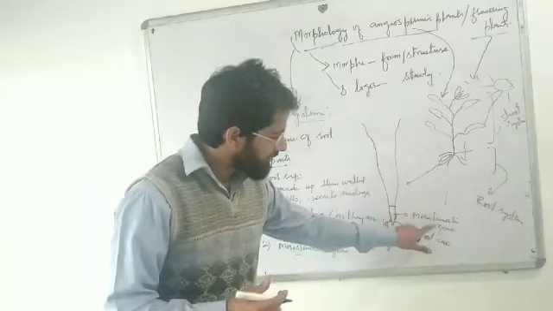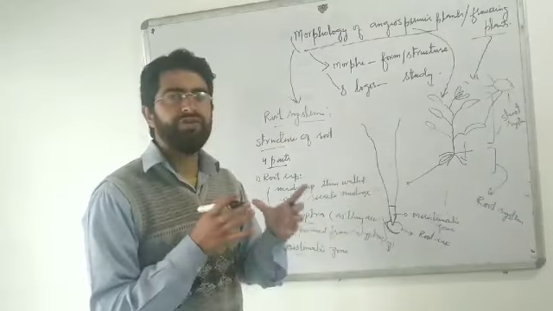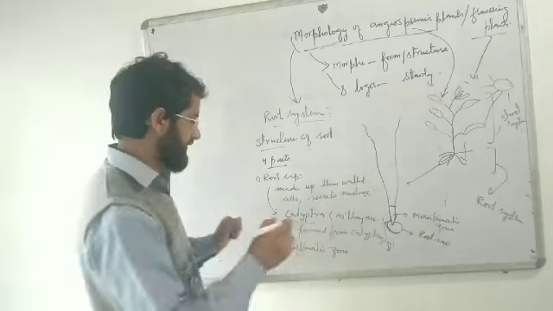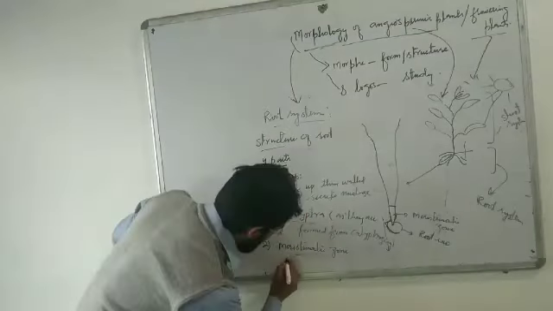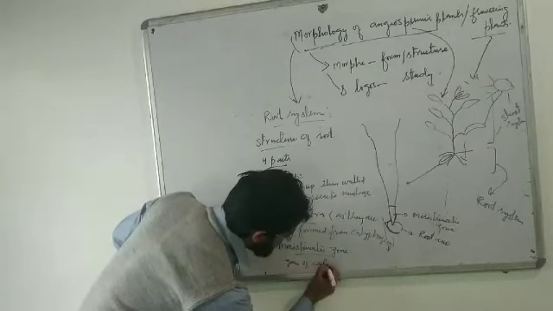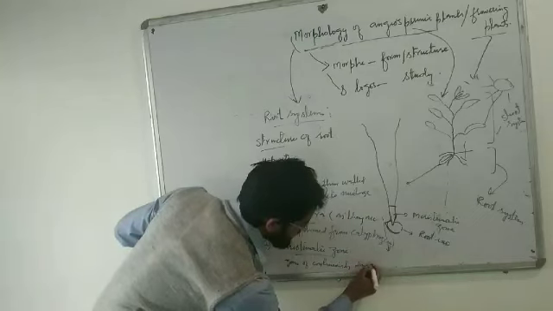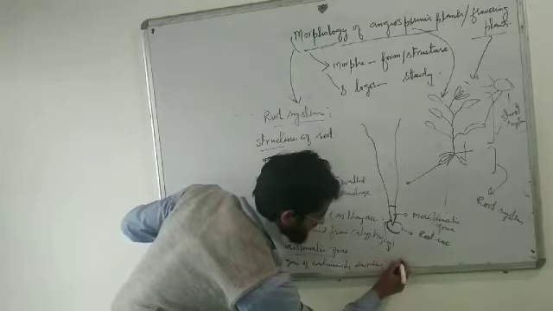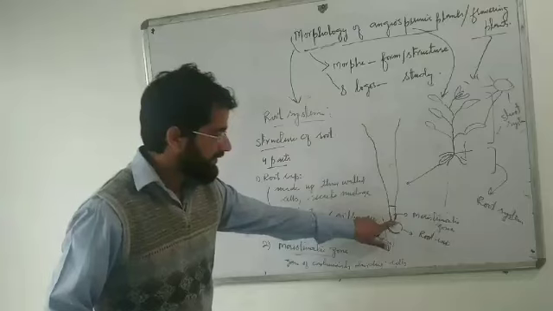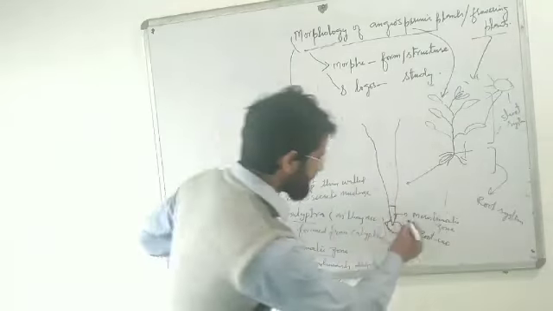Thus we can say meristematic zone is a zone of cells which continuously divide. Zone of continuously dividing cells, right? This is zone of continuously dividing cells.